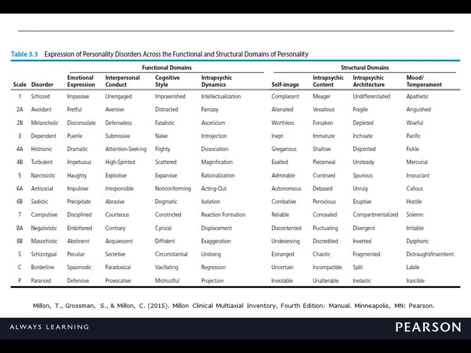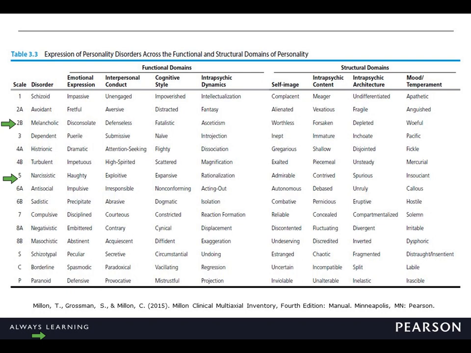If we have, for example, an elevation of both the melancholic and the narcissistic scale, we may find that this person is not either a melancholic personality or a narcissistic personality in and of themselves, but much like red and yellow combined to make orange, we have something more specific that may have some of the emotional expression of a more melancholic person, but perhaps a cognitive style that's much more expansive, such as might be the case with narcissistic personality.